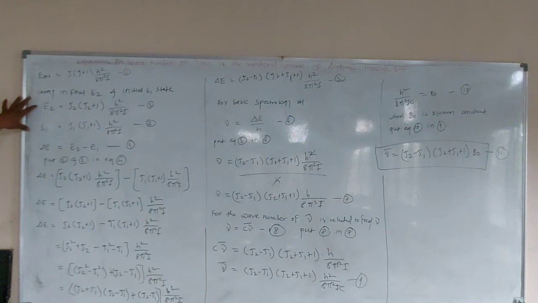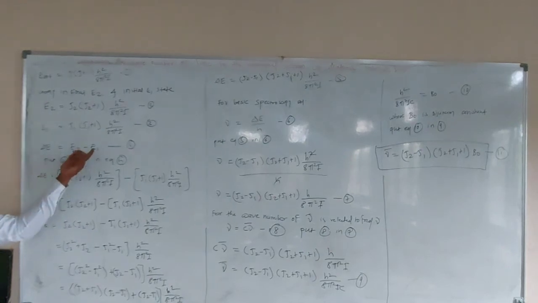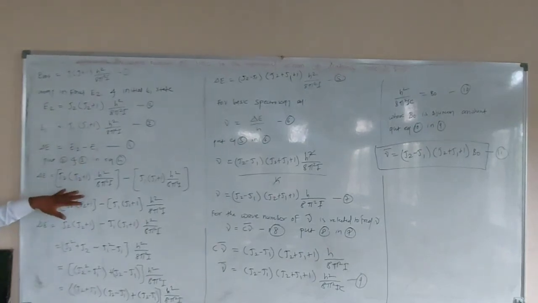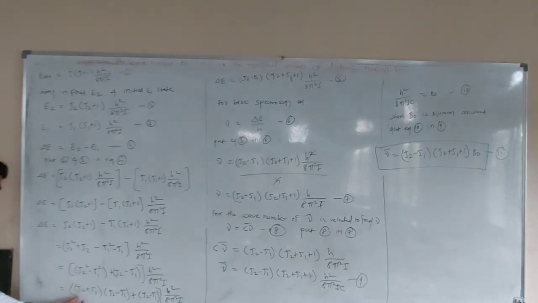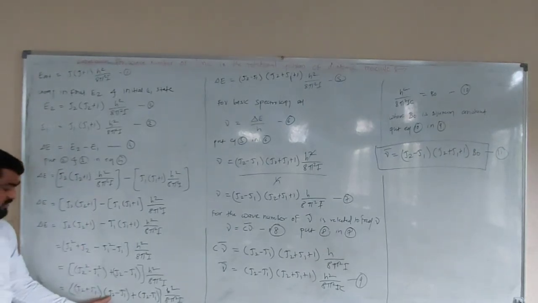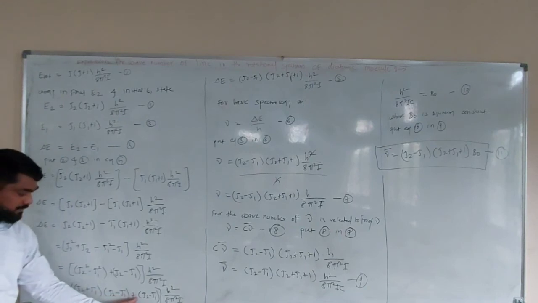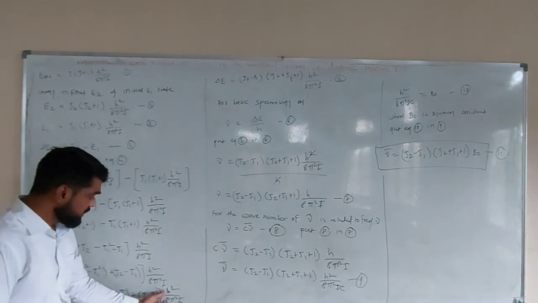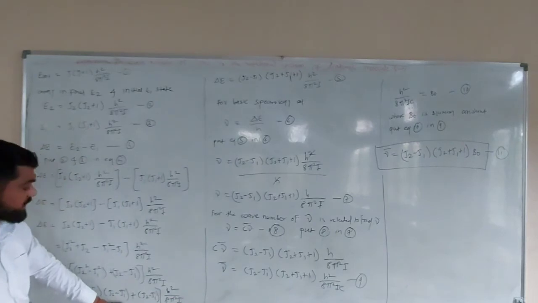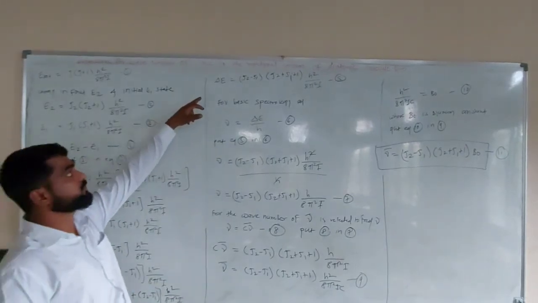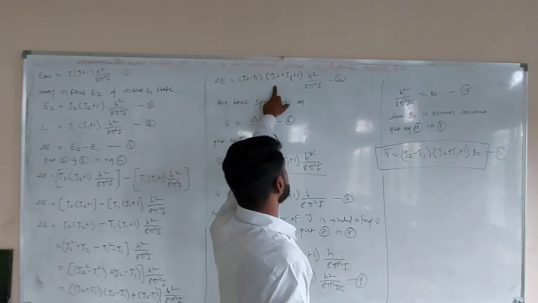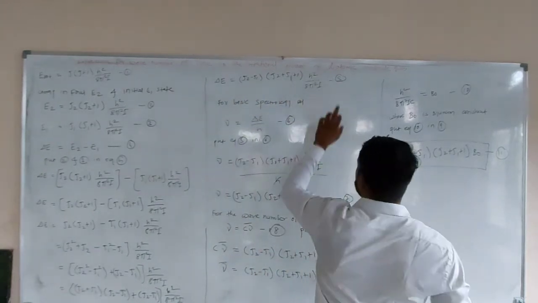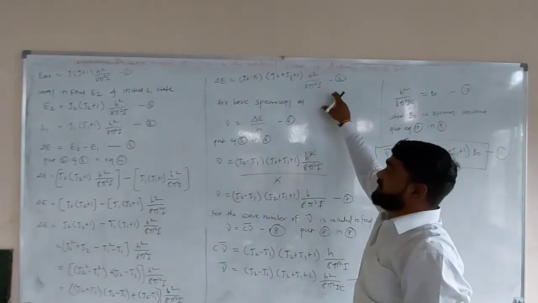Put these two equations in equation number 4 and rearrange. We get the final equation, that is J2 plus J1, J2 minus J1 plus J2 minus J1 into 1. All common terms can be taken out and we can put the final equation: delta E is equal to J2 minus J1, J2 plus J1 plus 1, h square upon 8 pi square I.